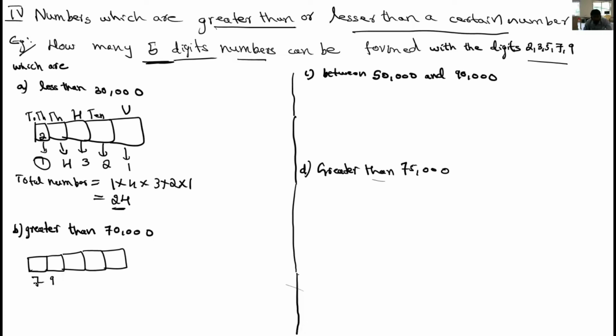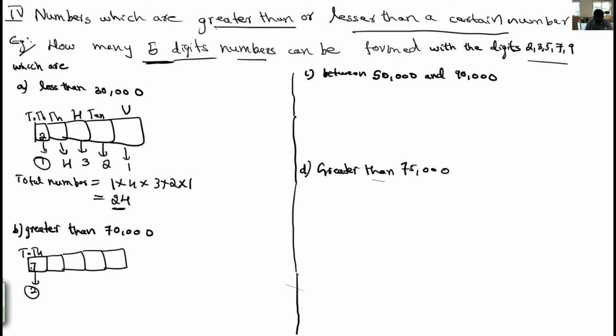That means that number is greater than 70,000. Or see, in the 10,000s place you are using 9 and here 7, you will get 97,000, right? That time also the number is greater than 70,000. By this we can say that the 10,000s place can be filled in two ways. What are the numbers?